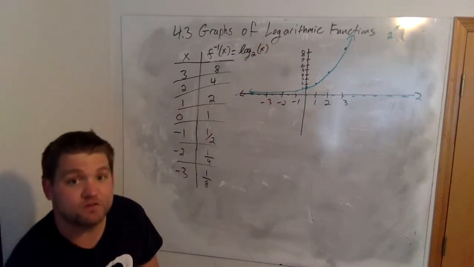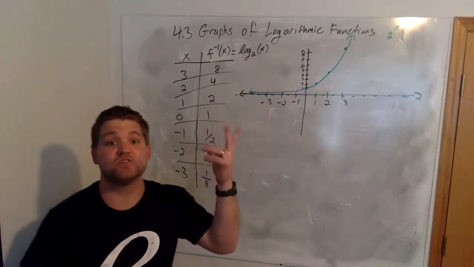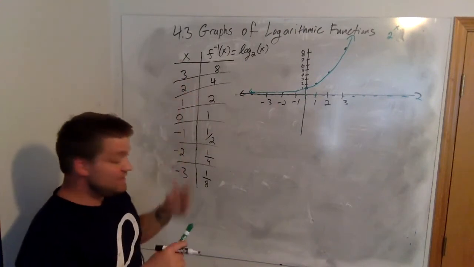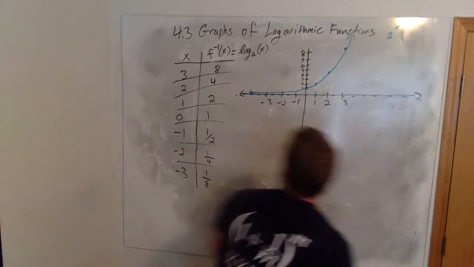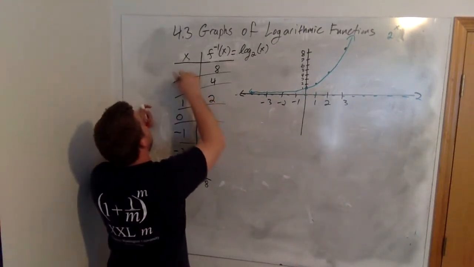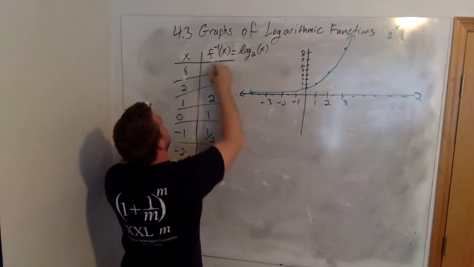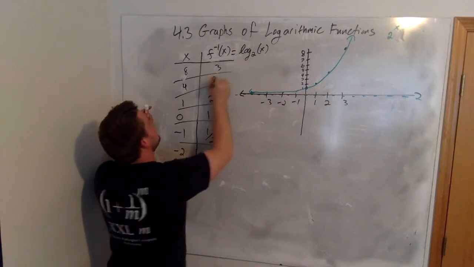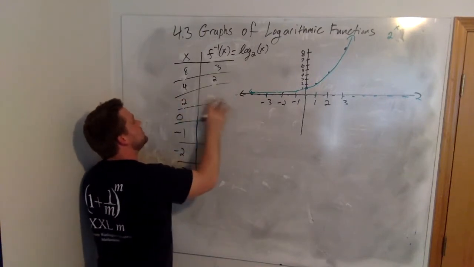So remember how inverse functions work: their inputs and outputs flip. So all of these inputs and outputs we need to flip. So I should have an 8 here and a 3 here. I should have a 4 here and a 2 here. We should have a 2 here and a 1 here.